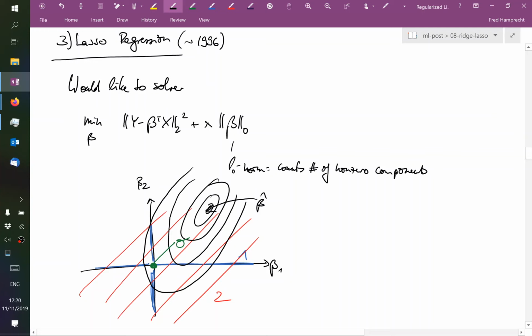So essentially, I would have to try out what is the smallest value that I can find along a few places.